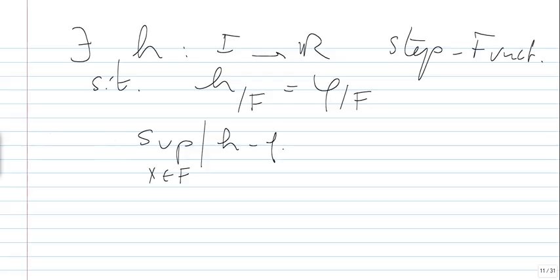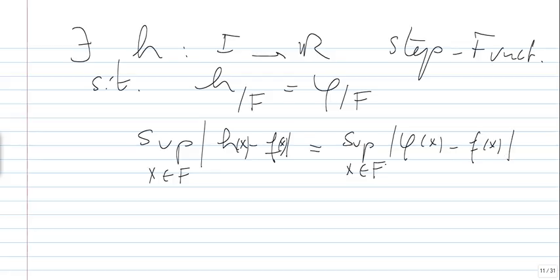Let me rewrite this slowly. Sup when x belongs to F of h minus f. So this is equal first to the sup of phi of x minus f of x when x belongs to F. Why?